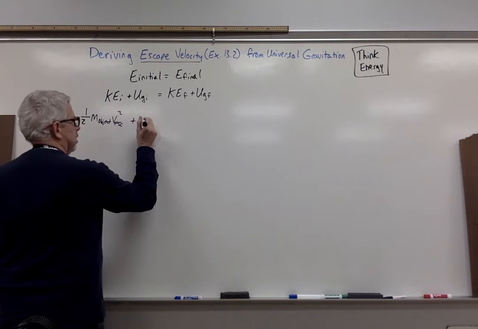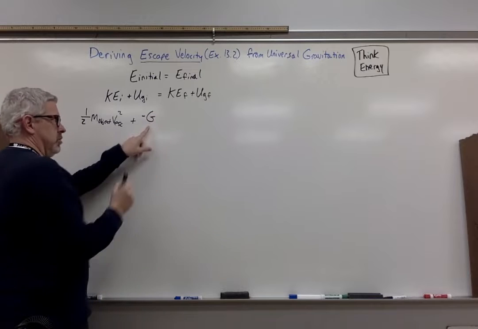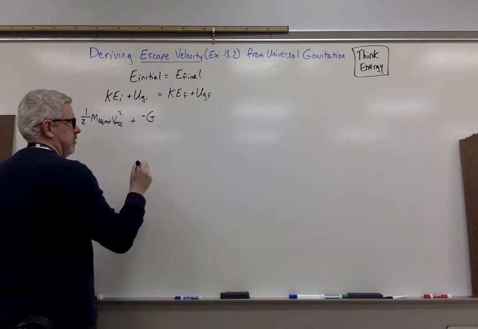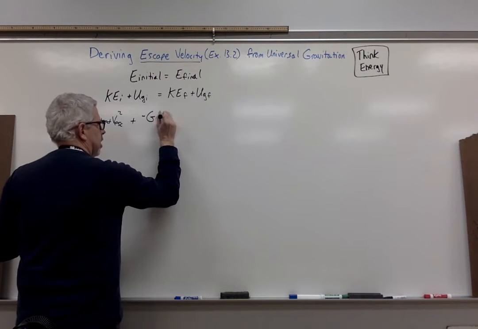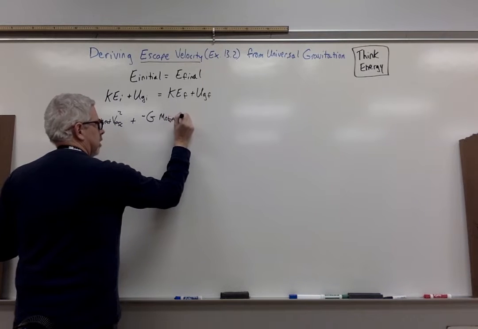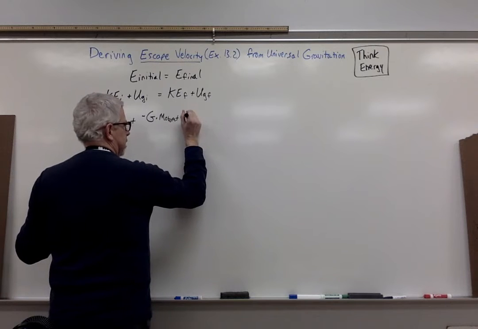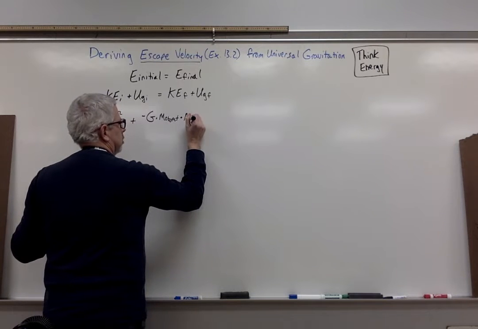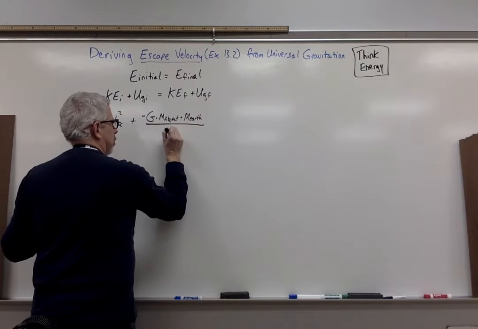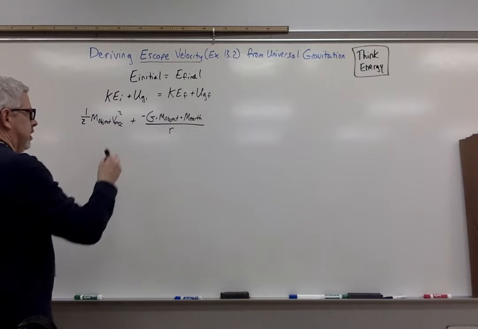So that is negative big G, which is the universal gravitation constant of 6.67 times 10 to the negative 11th, m1, which in this case is going to be mass of the object, times m2, which in this case might be, say, mass of the Earth, could be any other planet, over r. So since I'm adding a negative, I can think of that as subtracting.